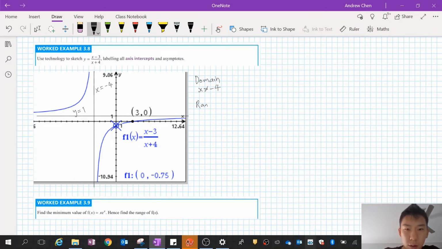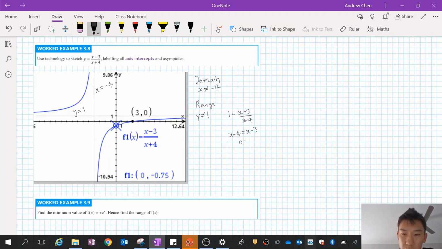And then let's have a look at the range. Okay, let's sub in 1 and see what happens. So it appears that y cannot equal 1. So let's test that. 1 equals (x - 3)/(x + 4). Alright, multiply both sides by x + 4.